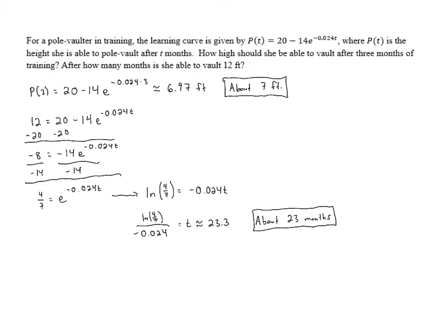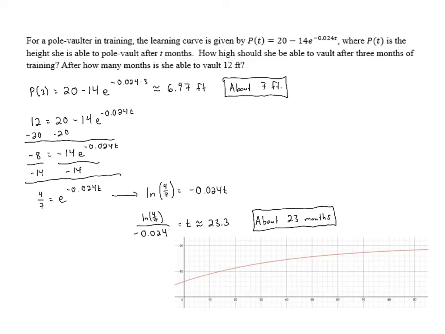Now, I want to take a quick look at the graph of this function so we can talk about why something like this might be modeled off of an exponential function. Here we have the graph, and we notice that when t equals 0, the original value is 6.